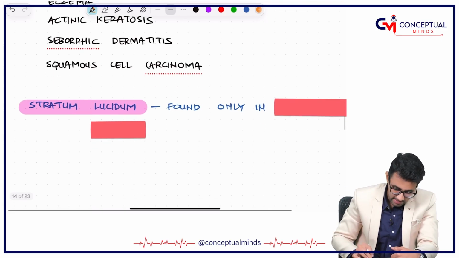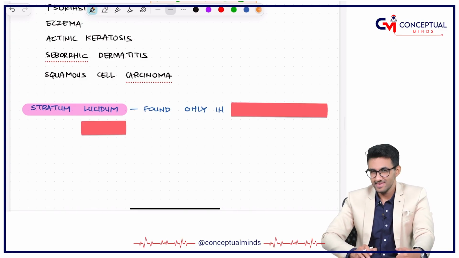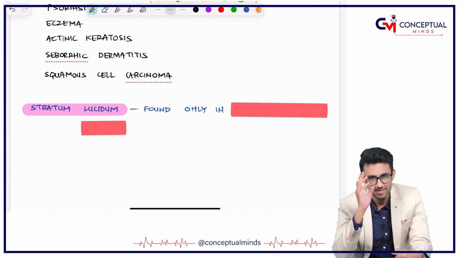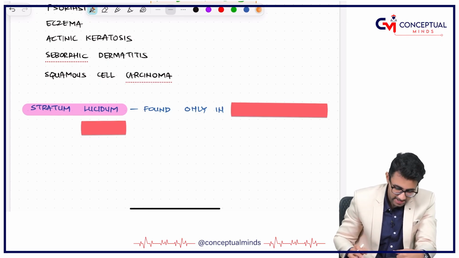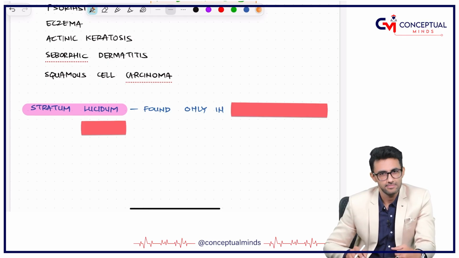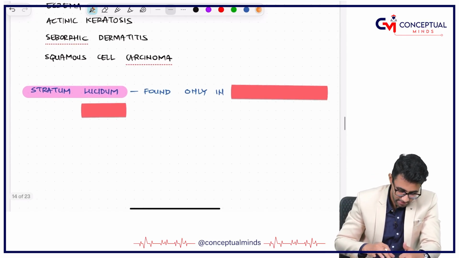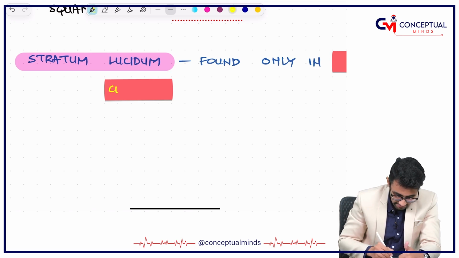Okay, so let us go on to the next layer. What was the next layer? We are at the very top. It was corneum, then lucidum, right? So let us talk about this. Stratum lucidum. Lucidum means clear.